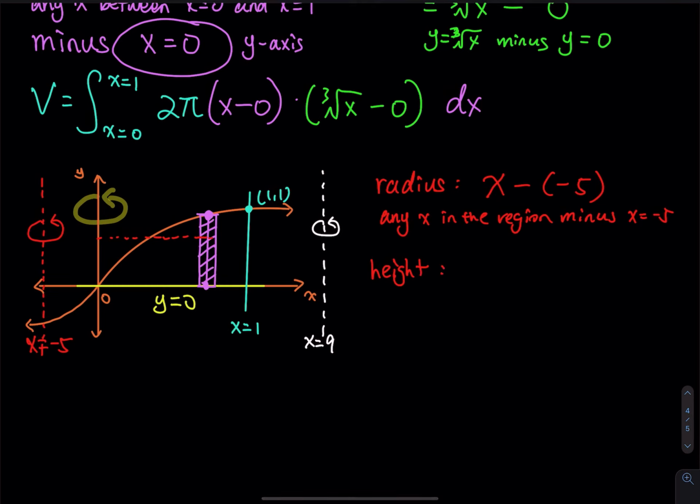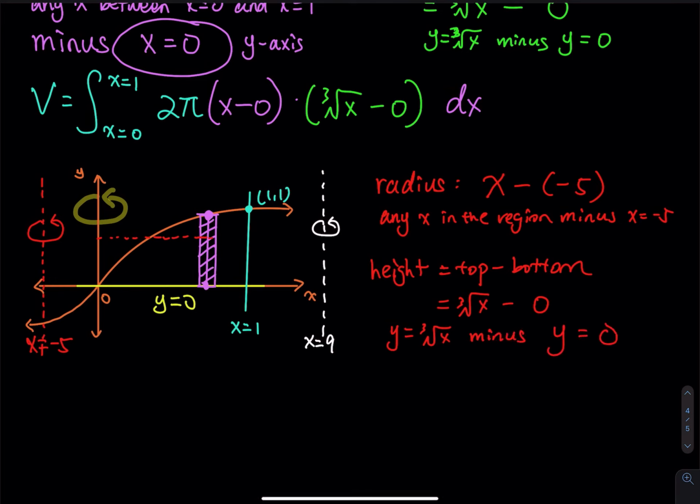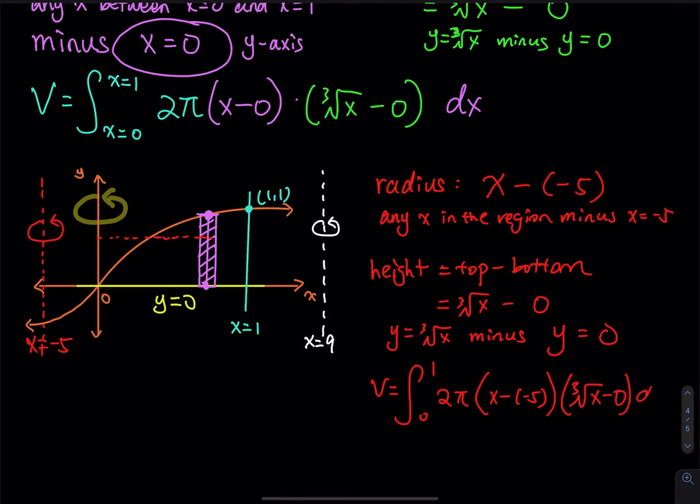For the height, you still use top minus bottom, which is equal to the cube root of x minus 0. So this is y equals cube root of x minus y equals 0. All right, and then the volume is equal to, from 0 to 1, 2 pi times x minus -5, and then the height is the cube root of x minus 0, and then the thickness is dx. So that's how we do this problem.